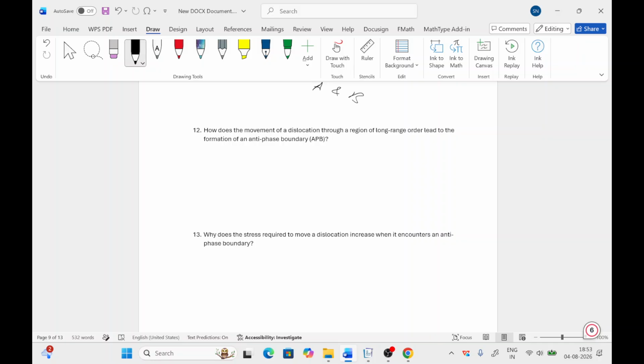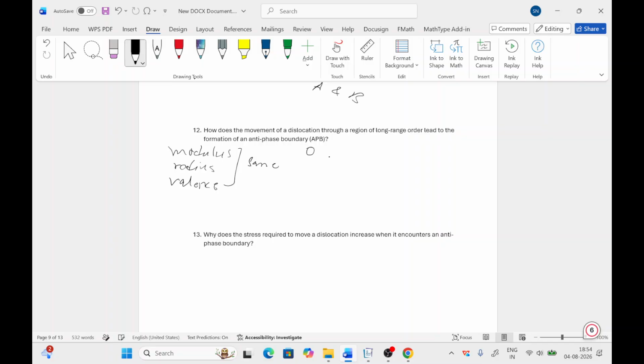So the long range order forms when the substitutional atom and solvent atom have almost similar properties: elastic modulus is the same, radius is the same, valence is the same. Then this long range order forms.